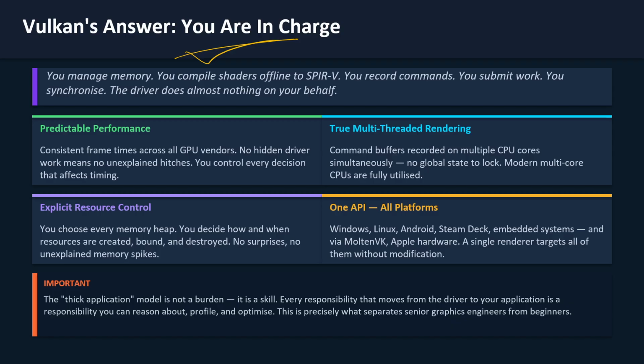Vulkan is truly one API. OpenGL and OpenGL ES are different versions that you require, and OpenGL also has a web version. With Vulkan you just need one API, and that makes Vulkan an optimum choice for the vendors, because the driver is thin.